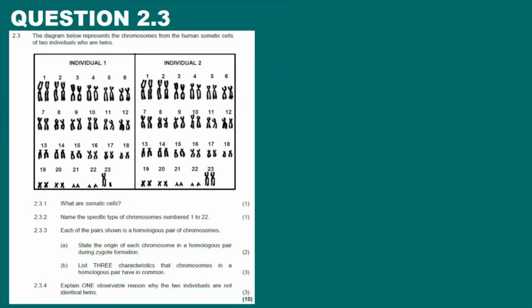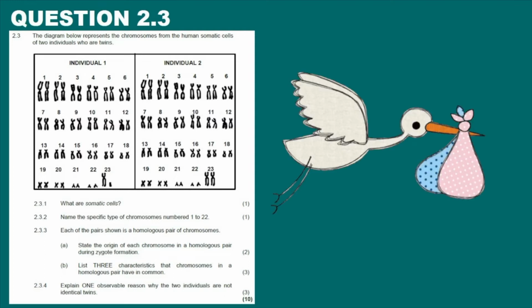So next we have question 2.3. What you are looking at in these 2 diagrams is a karyotype. They specifically state here that the diagram below represents the chromosomes from a human somatic cell. That means it is a normal body cell with 46 chromosomes of 2 individuals who are twins.